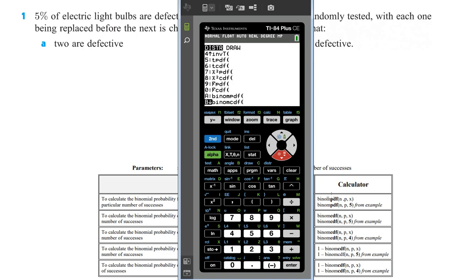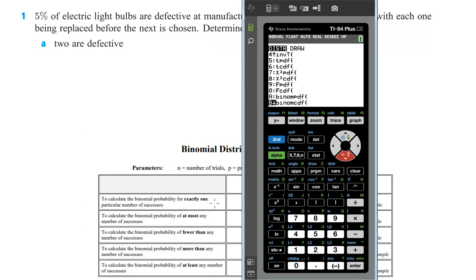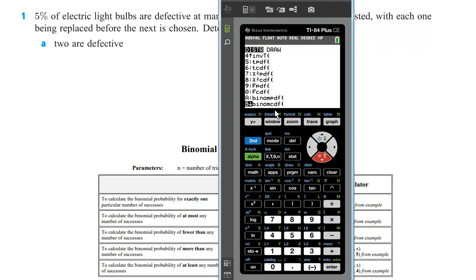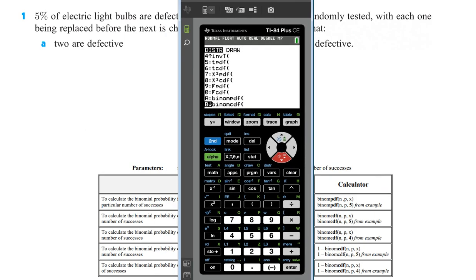If you'll notice this, to get exactly a number, you want to use the PDF one. Otherwise, if you want to get at least this many or at most that many or something like that, then you're going to use the binomial CDF. So to get the exact number, like if it's exactly 2 are defective, you're going to use PDF. Otherwise, you'd use the CDF.